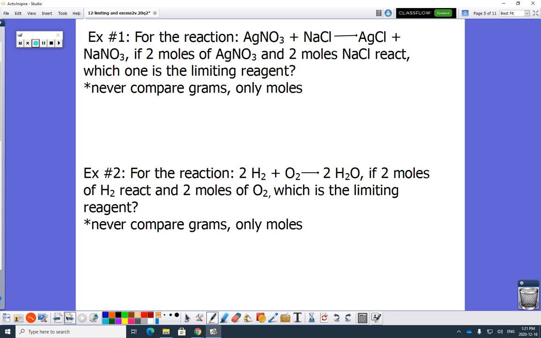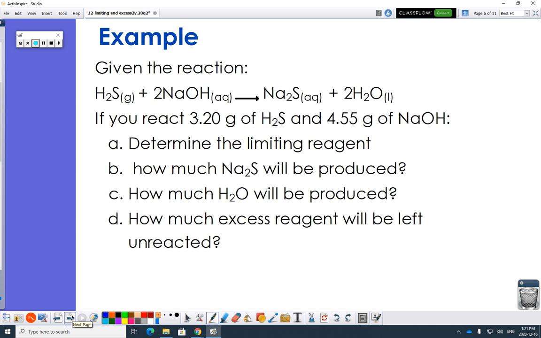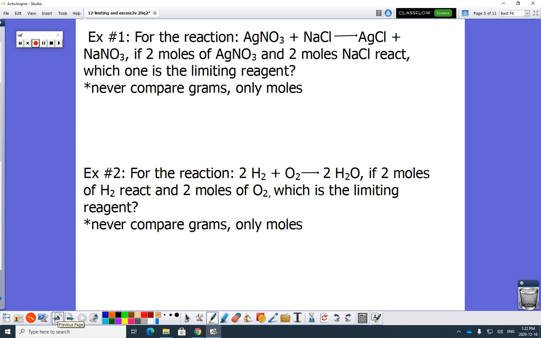When we do big questions, sometimes it'll say balance the equation, depending. Then it will say determine the limiting reagent. Then it will say how much product can be produced. In this case, you're going to do both. I'm not going to make you try to figure out whether you have to do limiting reagent. I'll tell you.